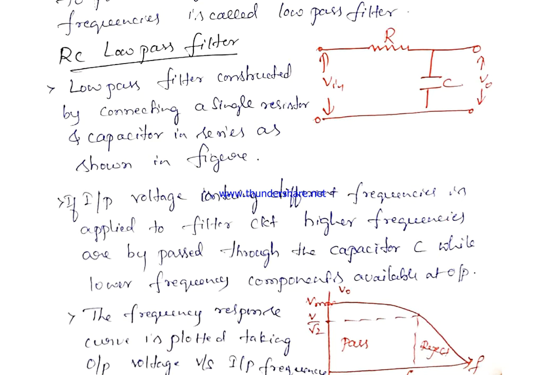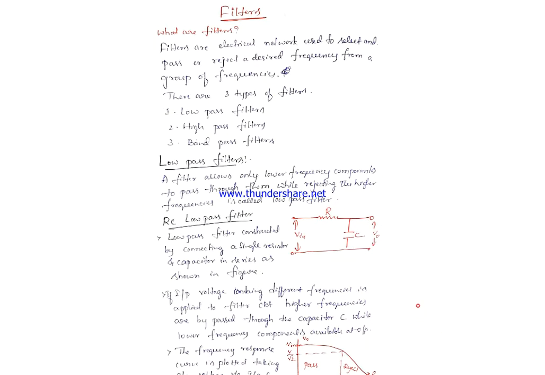The frequency response curve is plotted by taking the output voltage along the y-axis and the input frequency along the x-axis, that is, output voltage versus input frequency.